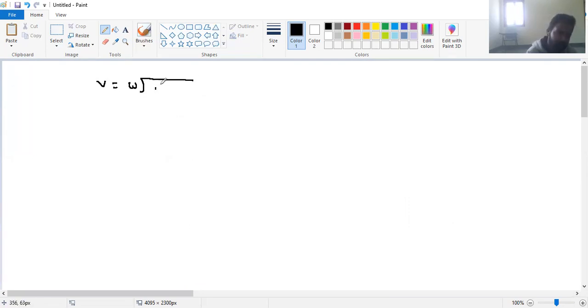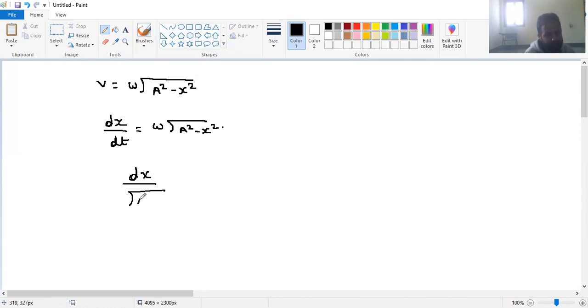Velocity is nothing but dx by dt. So dx by dt is equal to omega into root over a square minus x square. So what you will do is dx by root of a square minus x square is equal to omega into dt.